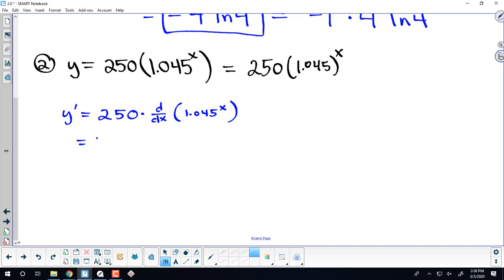Or 250 times, what's the derivative of 1.045 to the x? 1.045 to the x times ln 1.045, times the natural log of the base. Or b to the x times natural log of b. Any questions on that?